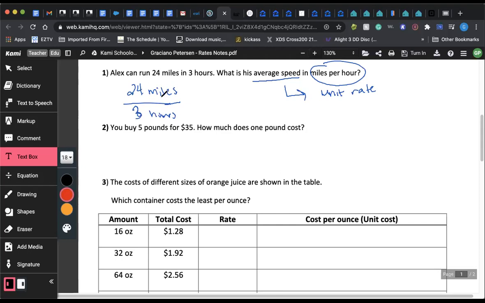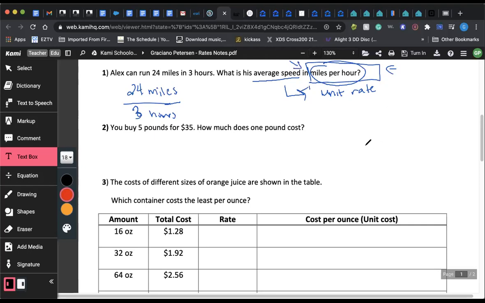Why do I know I don't want to divide 24 into 3? Student: You'd get a longer number, with a decimal point. I get a smaller number, but why do I know that it's miles over hours? Student: Because you're trying to find out how many miles per hour.